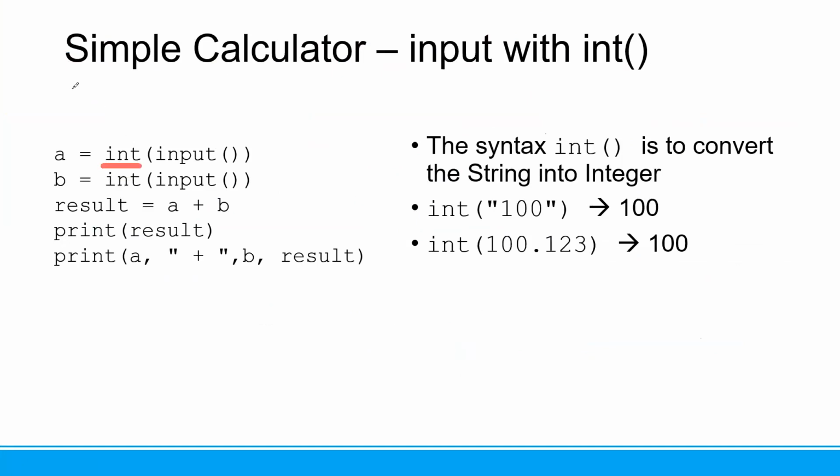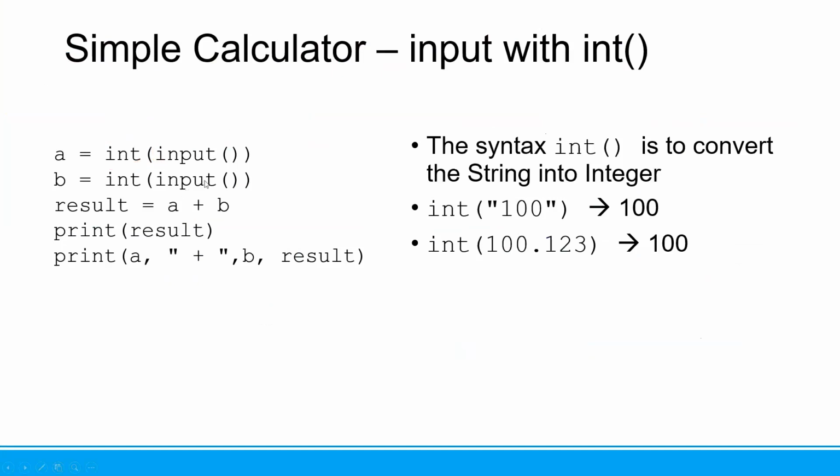So what we learned before, we use the int to change any data type. We can change the string into integer, and then we can check the result, whether it is still the same as before or it will be changed.